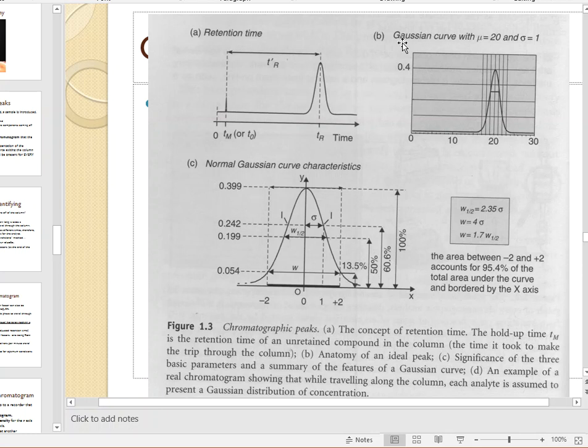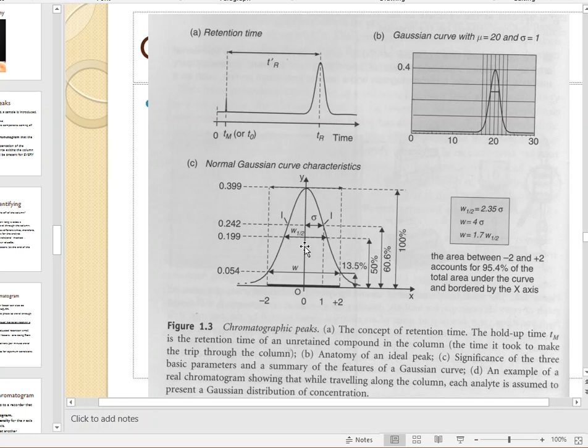In diagram B, you see a Gaussian curve. And this is what we were talking about in the previous video. And down here at C, this is a Gaussian curve that's kind of been enlarged up a little bit with some statistical parameters on it. So this peak shape basically is what we would want to see in a chromatogram. It's very even. The left-hand side is even to the right-hand side.